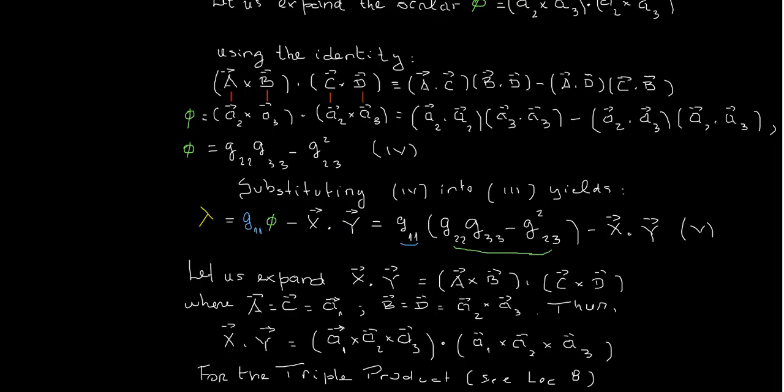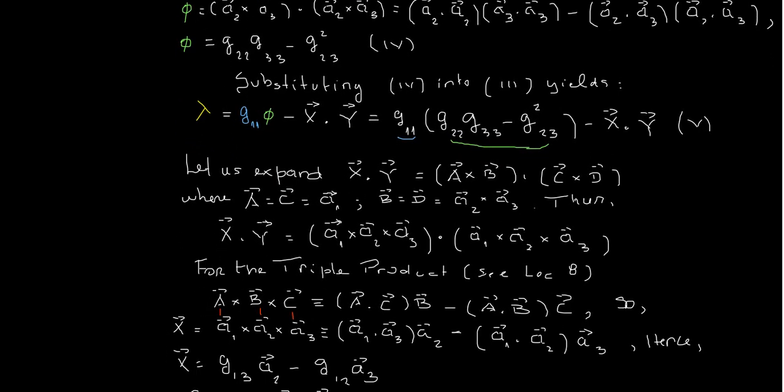X dot Y, where X is A cross B, as I showed before, and Y is C cross D. But X is identical to Y because A is equal to C and B is equal to D. Look here: A is equal to C is equal to 1, and B is equal to D is equal to this cross product here.